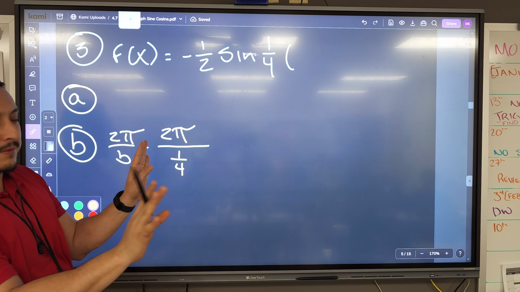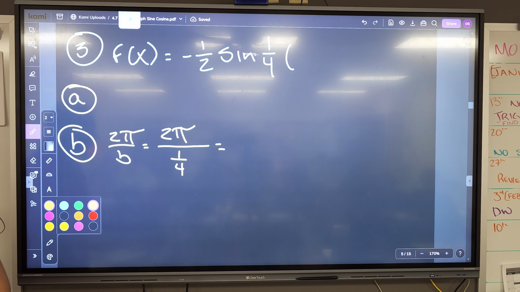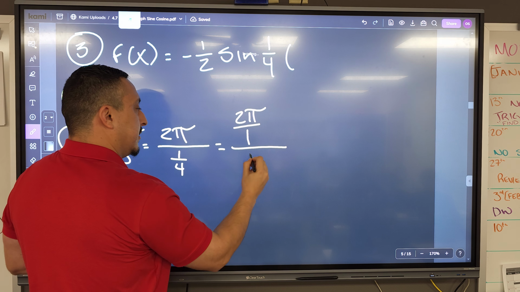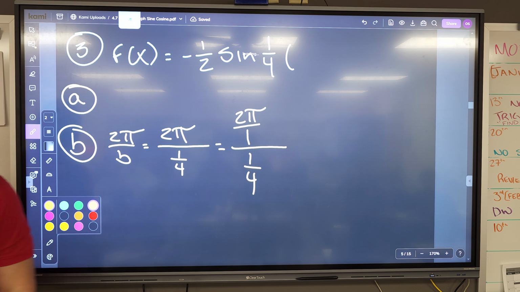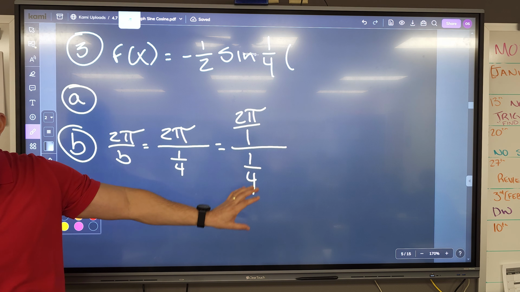Now, if you're new to me, you've never seen this probably. But how do you make any number into a fraction? So we're going to do 2 pi over 1 over 1/4. I have a fraction over a fraction. So fractions like fractions.